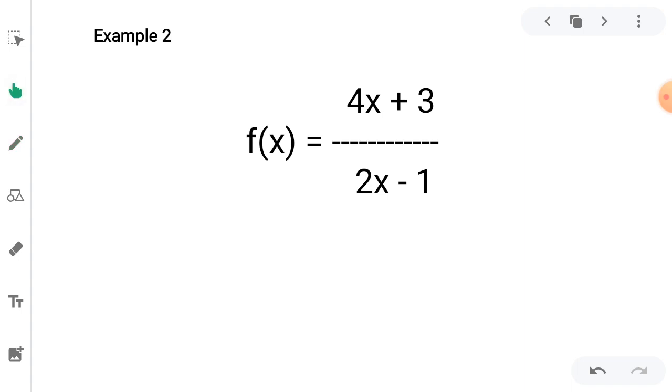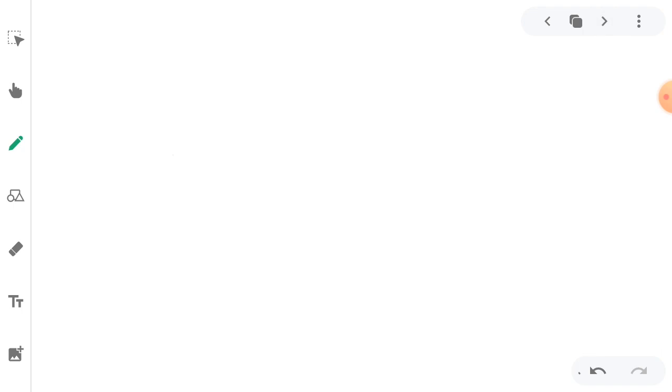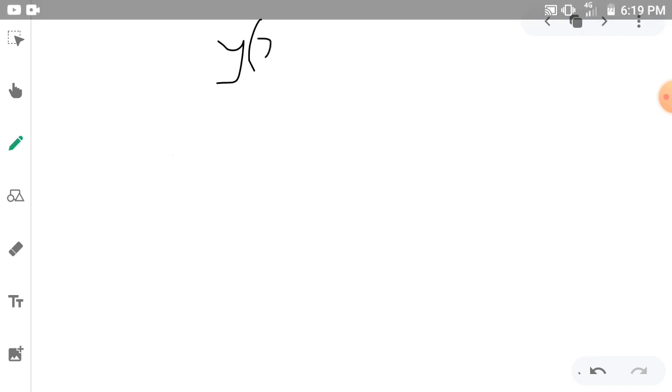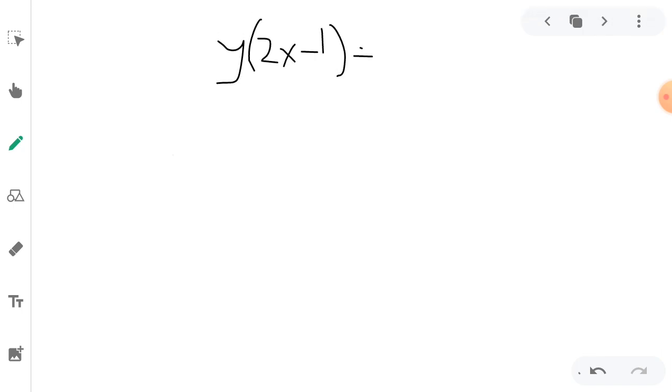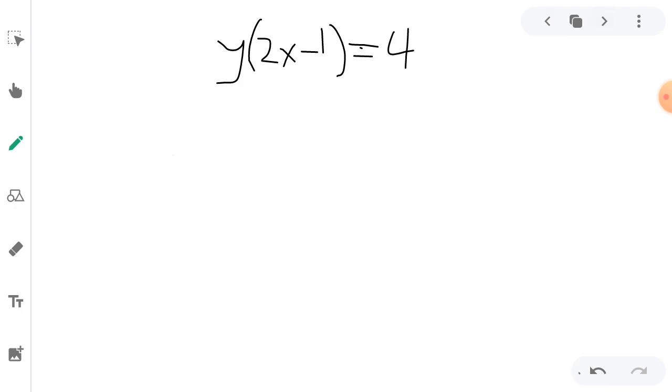Again, the first step we are going to do is change the f of x into y. So y is equal to 4x plus 3 over 2x minus 1. Next step is do the cross multiplication. So y times 2x minus 1 is equal to 4x plus 3.